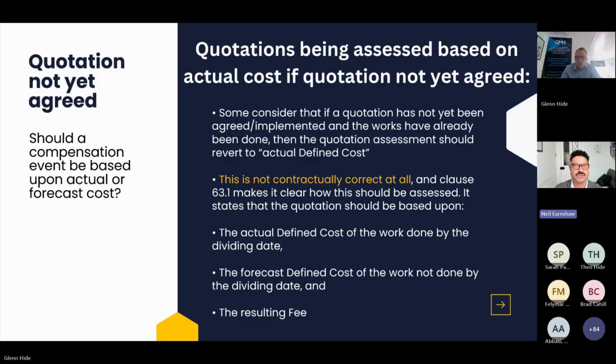That resource wasn't used for that particular task. It wasn't on site. We haven't got the records to justify it all, and that's what people will fall out about. So NEC, I think, prizes timeliness of decision making over accuracy, which is why we have forecasts, because a forecast by definition can never be accurate. Okay.